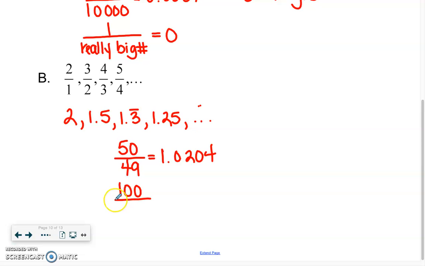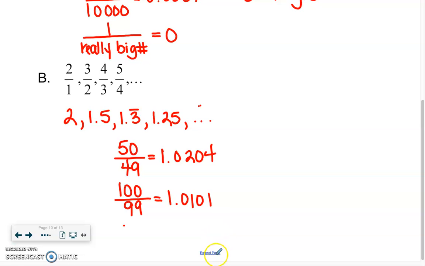This obviously is not the next term, but just down the road, another term would be 100 over 99. What's that equal to? That looks like 1.0101, and that repeats. So if you were to say what this is converging or diverging to, would you agree that it looks like it's going towards 1? That's kind of what I'm thinking.